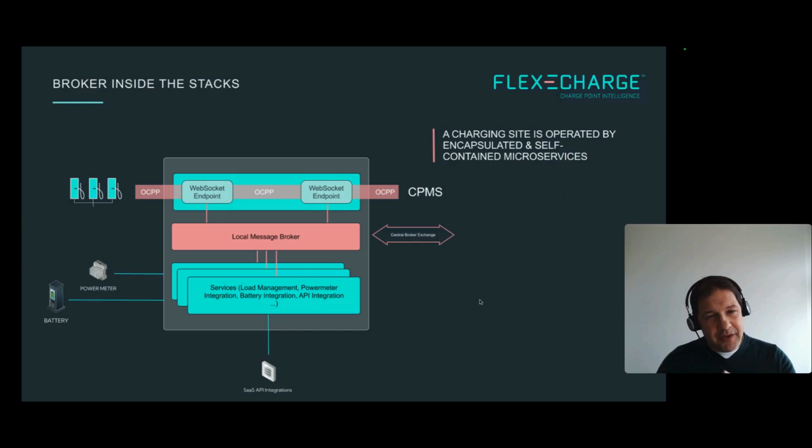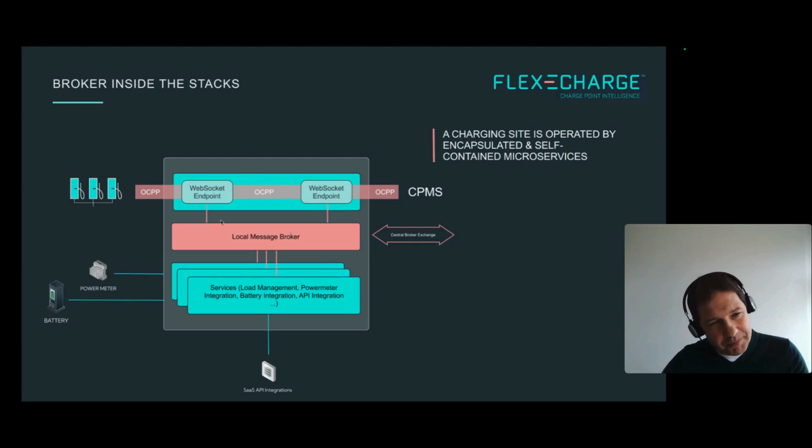So if we look more now into the functional look inside these microservice stacks, then you will see a functional diagram of the microservice, how it's actually interacting and how these microservices are interacting.